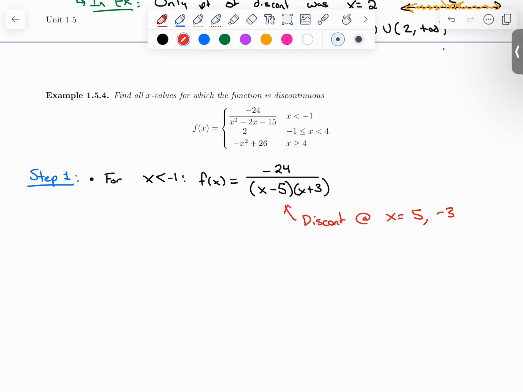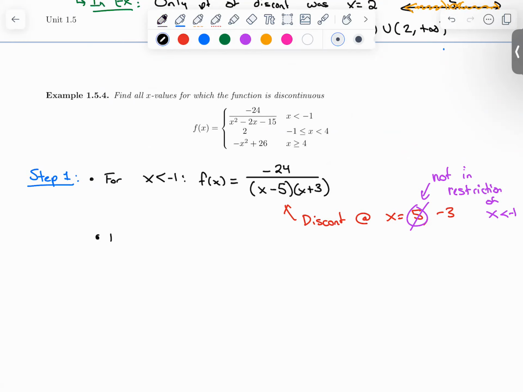Which one? 5, because that is a value that is not within our restriction. Our function is only defined as this top function for values strictly less than -1, so that 5 is not even going to show up for this function.